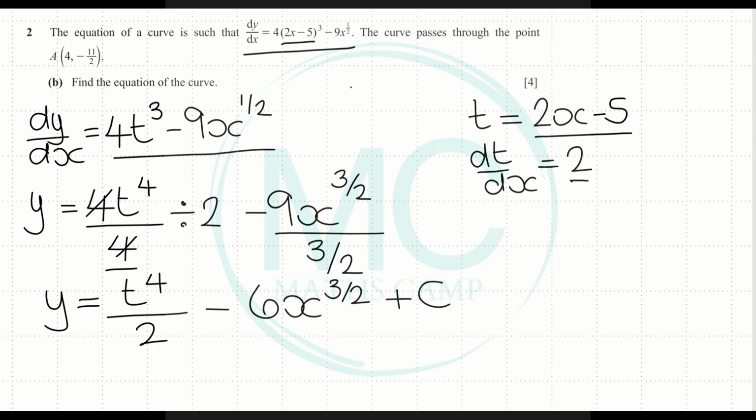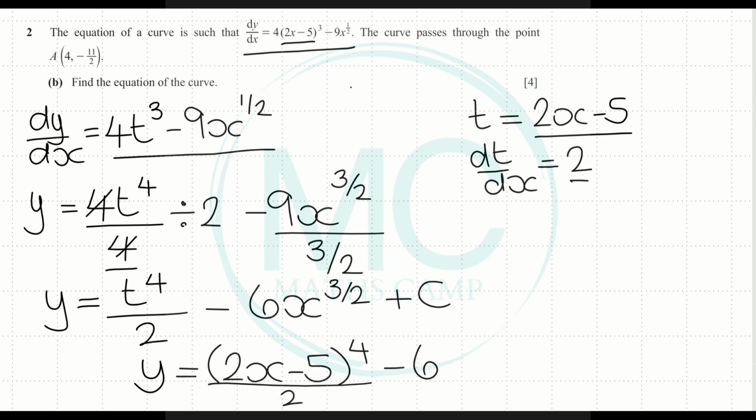Now we can substitute our brackets back into t. We can say y is equal to, open our bracket, 2x minus 5 with an exponent of 4, all over 2, minus 6x with an exponent of 3 over 2 plus c.